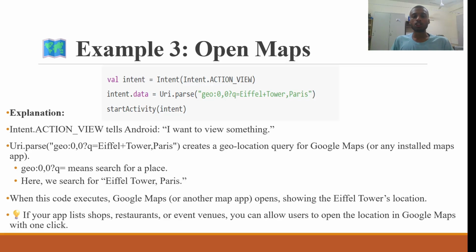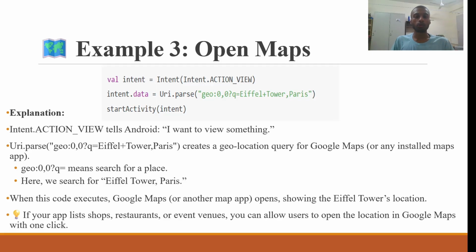It creates a geographical location query for Google Maps or any other installed maps. Geo:0,0?q means we are going to search for a place, and here I have mentioned the place, Eiffel Tower, Paris. The Eiffel Tower is located in Paris, so I have given the location. With this, when the code is executed, Google Maps automatically opens and shows the Eiffel Tower's location.